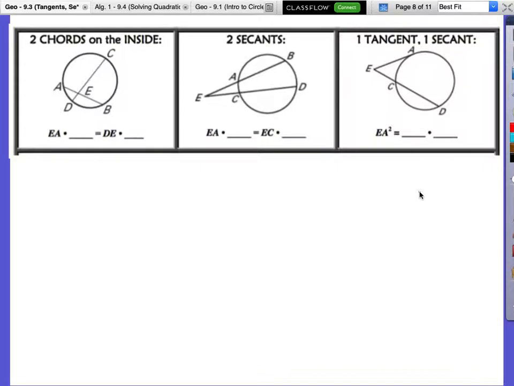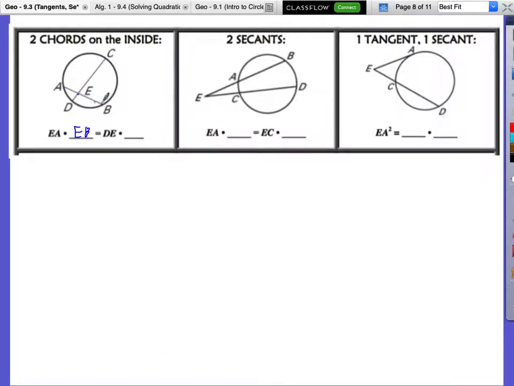Our first scenario is if we have 2 chords that intersect inside the circle to figure out our lengths. We would take EA, part of this chord, times EB, the other part of the chord.